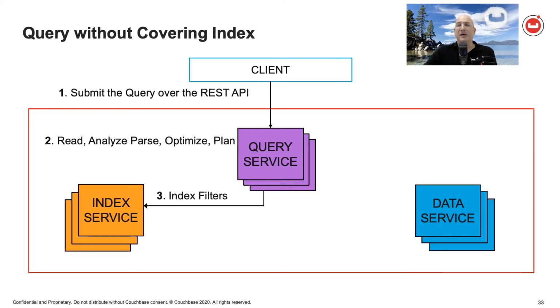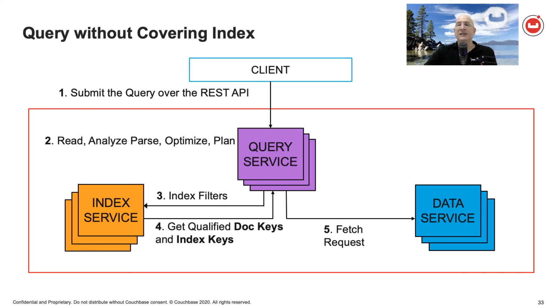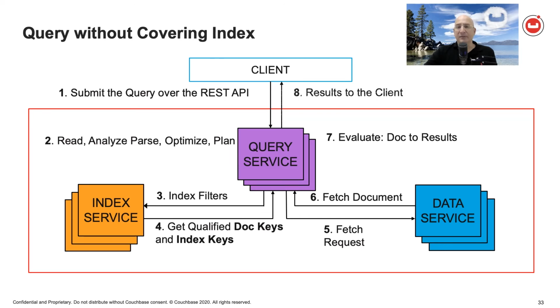The query service calls the index service and gets the values of the indexed fields and the document keys that they are referring to. So the query service then calls the data service to get the fields that are not covered by the index. The data service sends the documents to the query service, and the query service then performs aggregations, sorting, and other operations and prepares the final result set. The final result set is then submitted to the client.